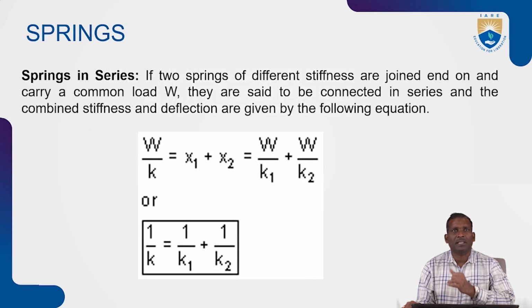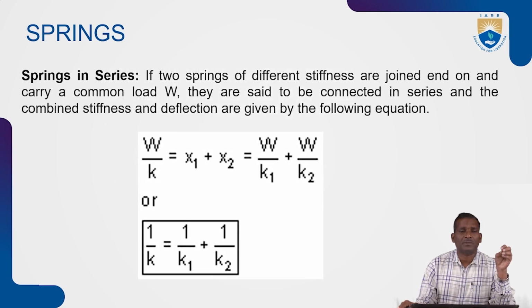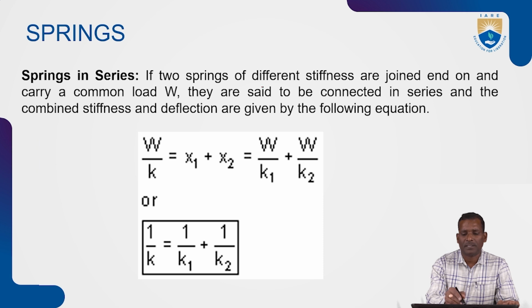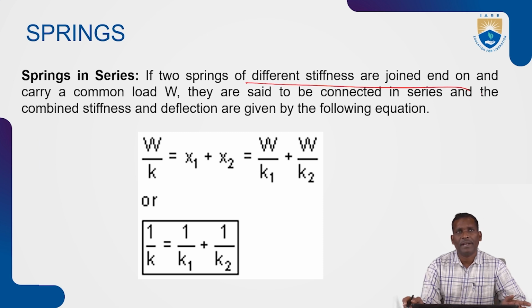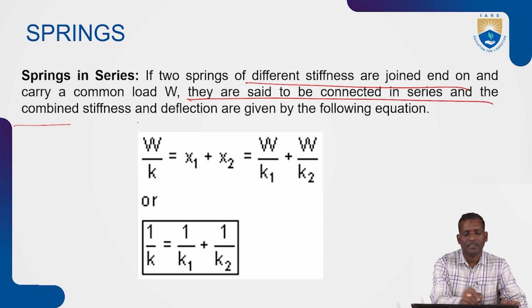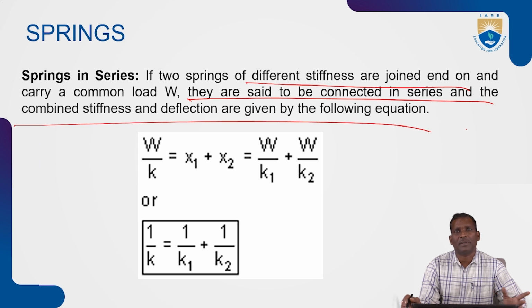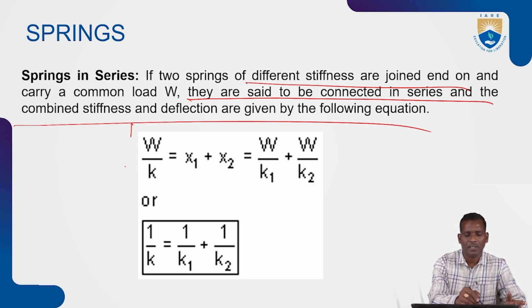Springs in series. Whenever springs are connected in series, how do we calculate the total stiffness of the spring? If two springs of different stiffness are joined end on end and carry a common load W, they are said to be connected in series, and the combined stiffness and deflection are given by the following equation.